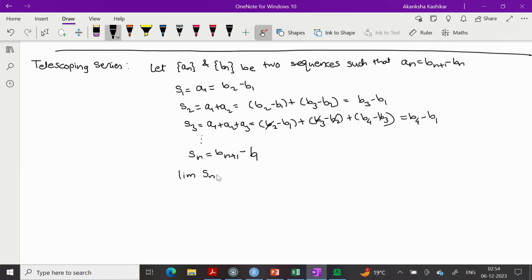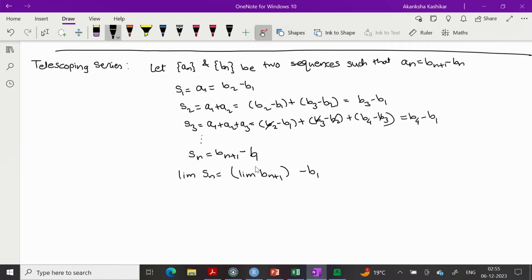As a result, limit Sn will be limit b_(n+1) minus b1. So the sequence of partial sums converges if b_n converges. This is a very important result, and we can use it to find limit of some apparently complicated series.